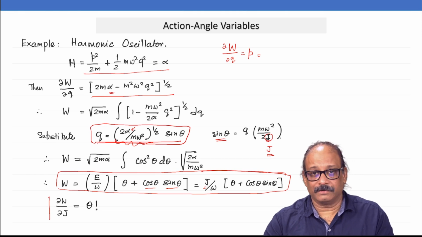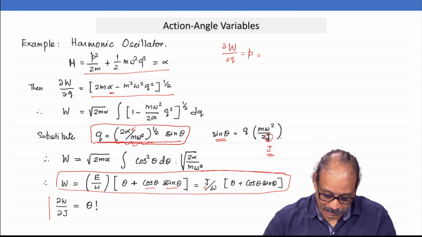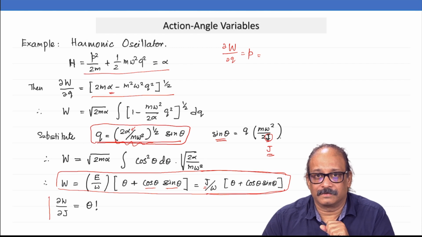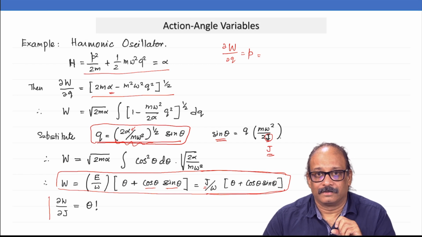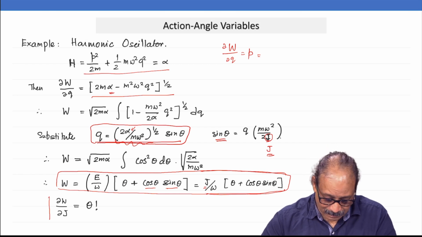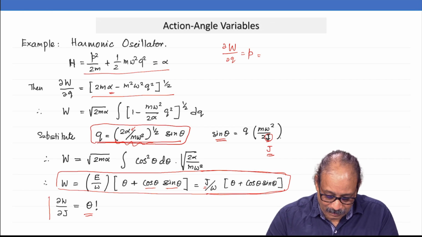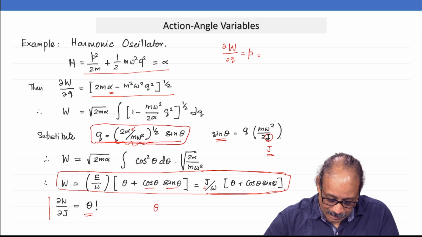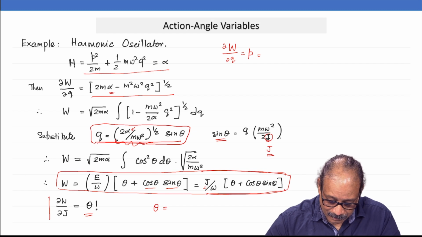So, when I take a derivative of capital W function, Hamilton's characteristic function, with respect to J, there are going to be lots of terms there, and all those terms will cancel or simplify to leave you with one very simple answer, that is theta. Not unexpected, we already knew this. So, your theta variable is the new variable which I wrote as W in the earlier one, and what is the form of this?